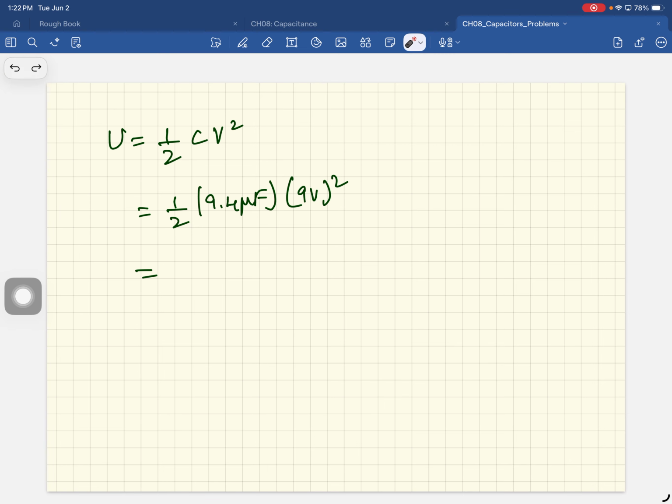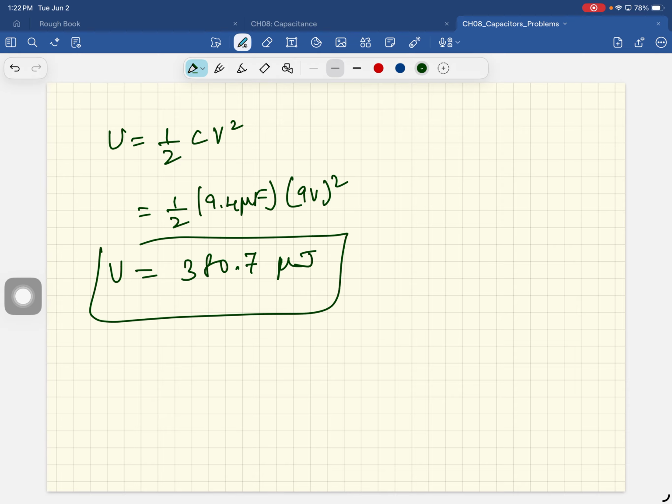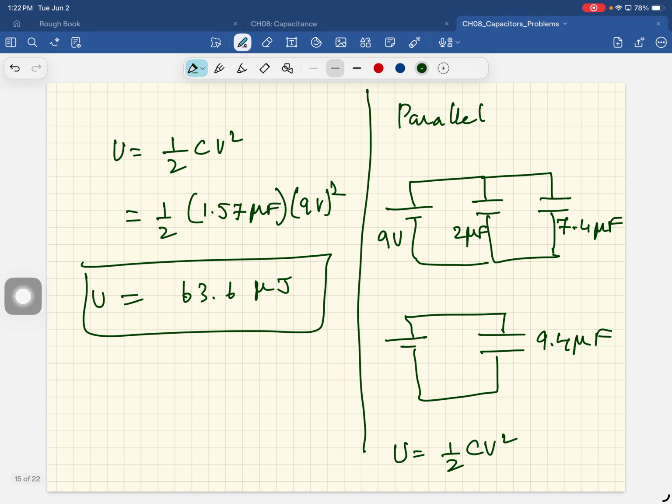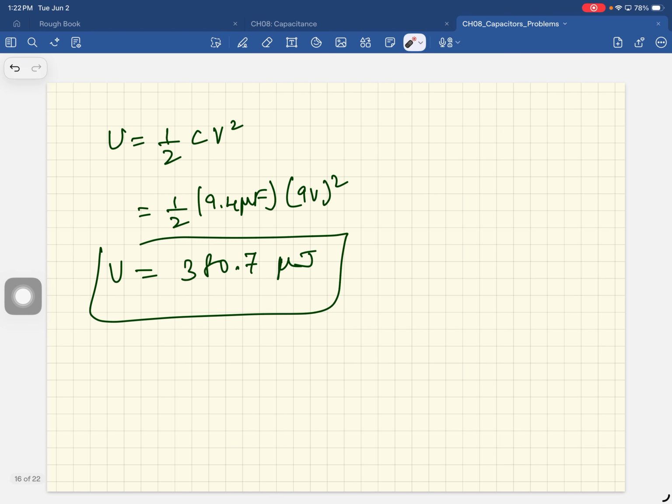What is the electric field at the point midway between the plates before and after the dielectric is inserted? So the voltage across the plates is the electric field times this thing. So V naught is E naught times D. E naught, the field before the dielectric was inserted, was this: 3 volts divided by 2 millimeters.